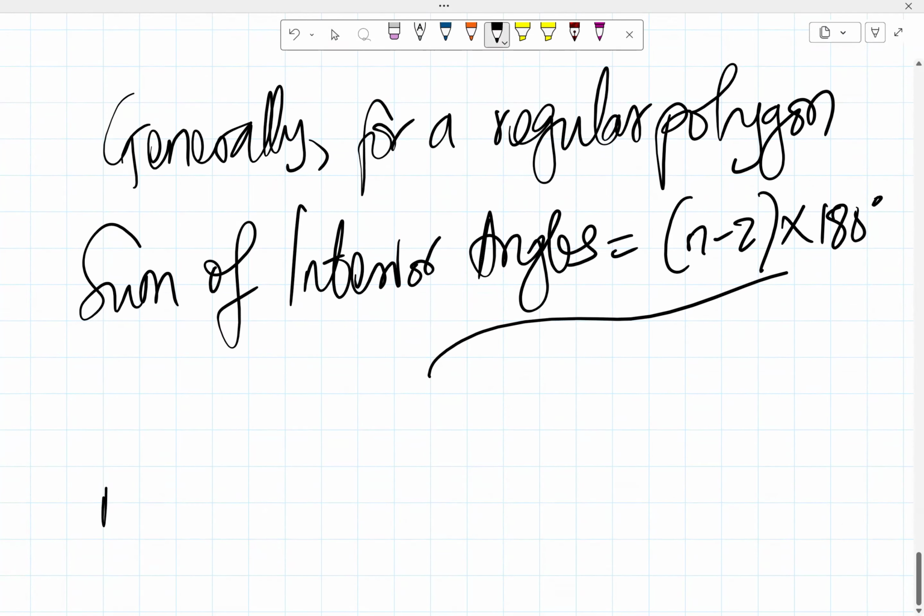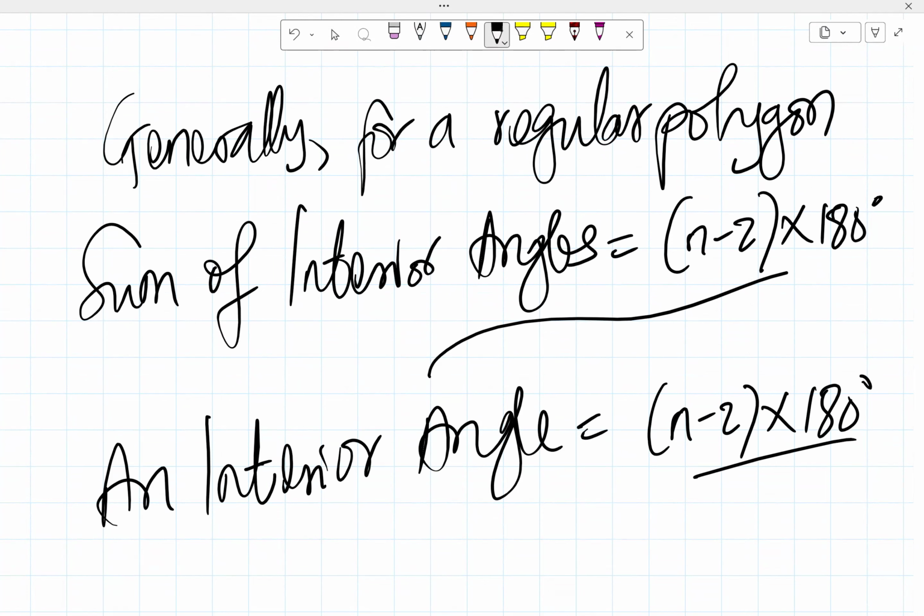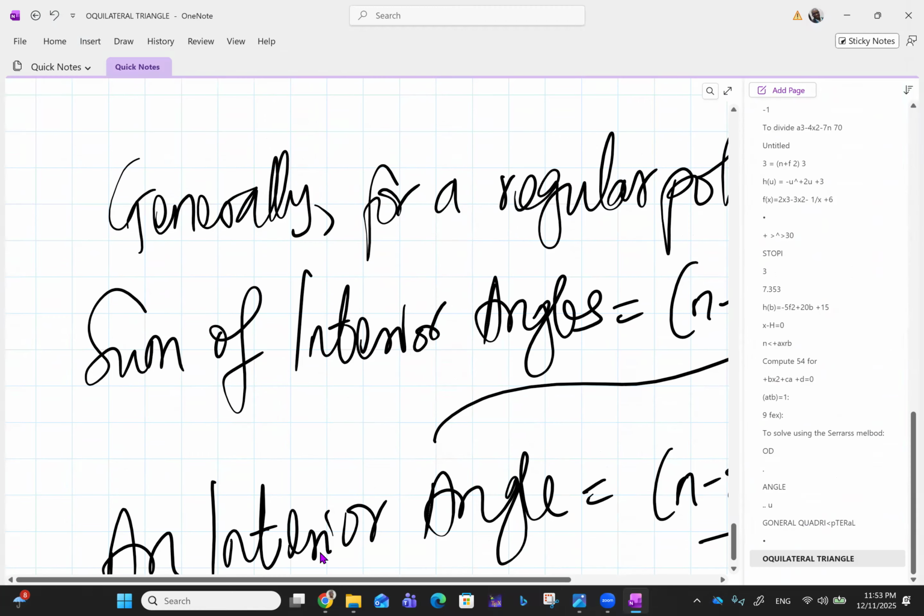Then an interior angle, that is one of the angles. Now, since they are equal, will just be n minus 2 times 180 degrees divided by n. So, like all the things we've seen before now.